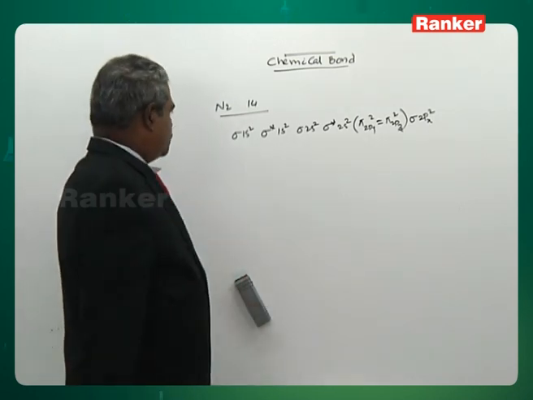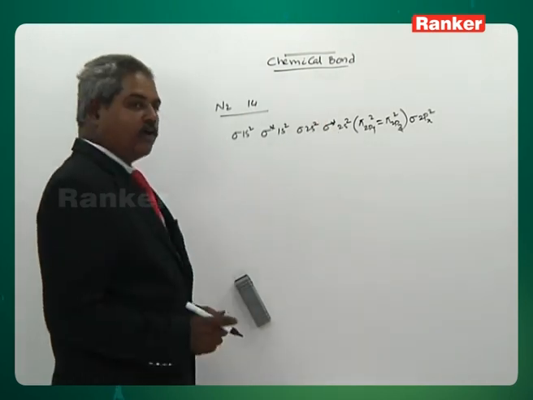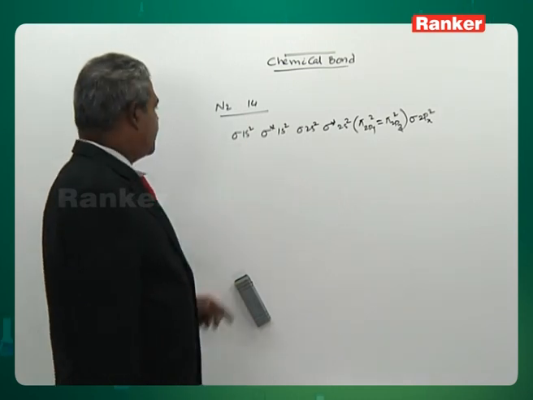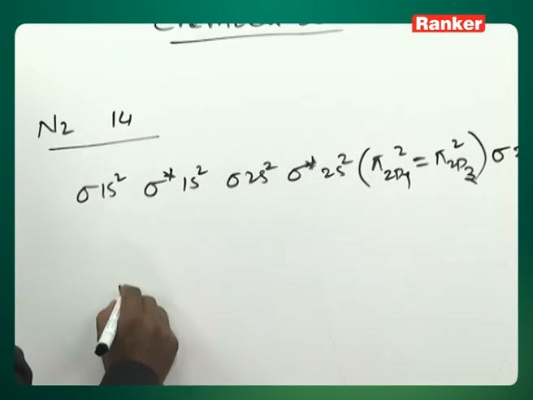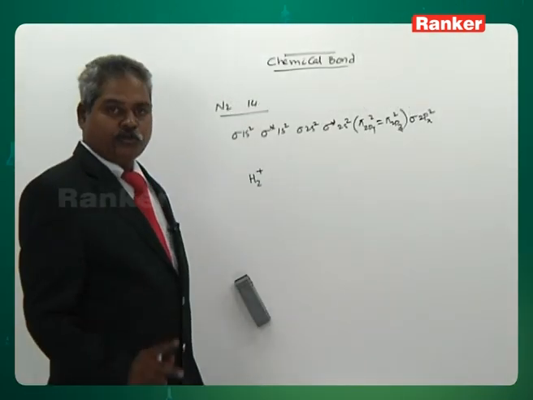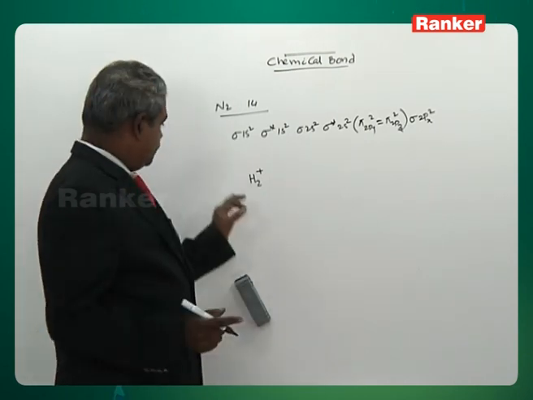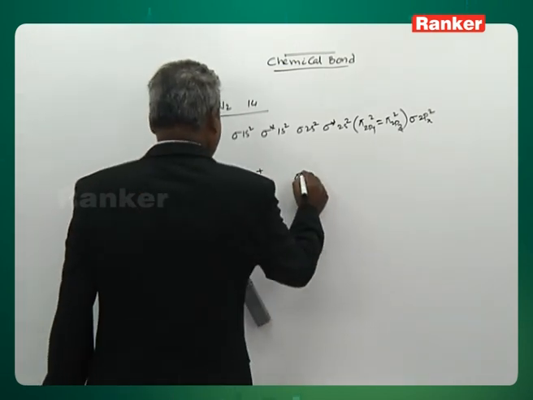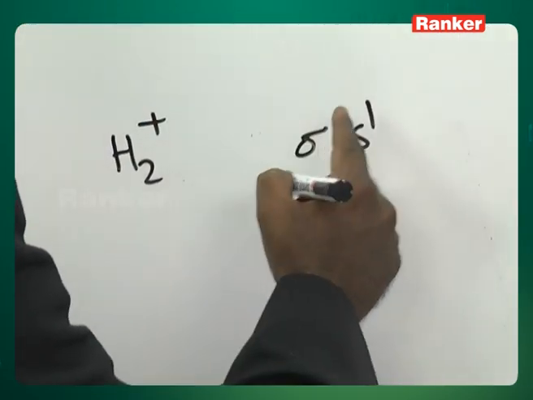But now, how to distribute electrons? Suppose only 1 electron is there, only the first one, sigma 1s1. What will be the molecular configuration of one electron? H2 plus. What do you mean by H2 plus? It's just one electron. 2 hydrogen atoms, no doubt, but I have removed one electron. That electron is in sigma 1s1, and that one is bonding.